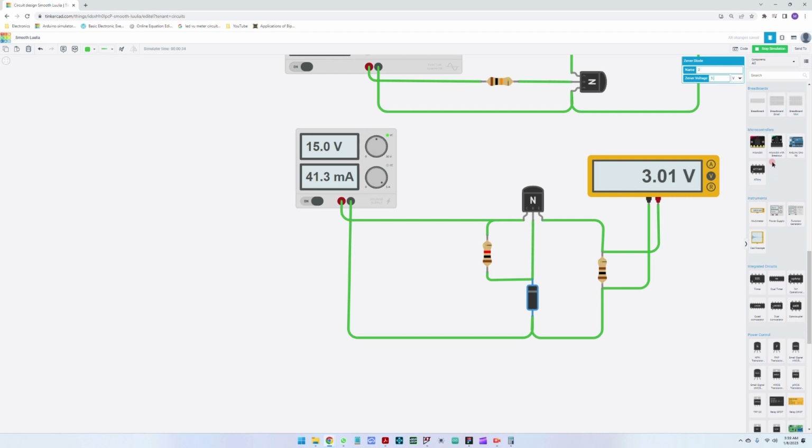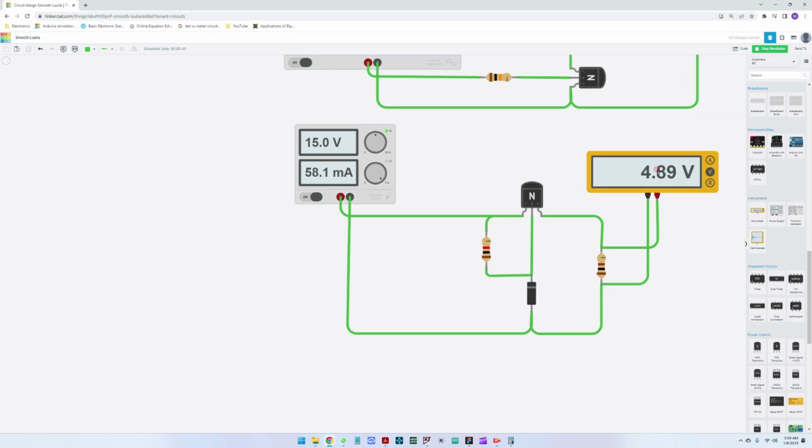Then we put here a 3.4 volt Zener diode, and then we get a different voltage level. Okay, this is really interesting, but let me put 5.1 back.